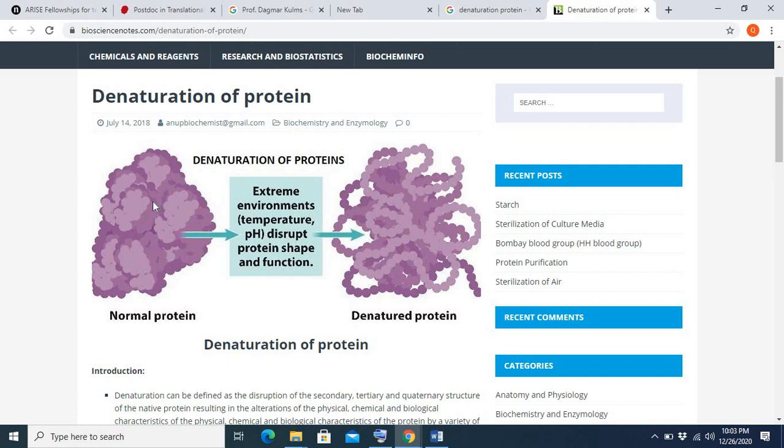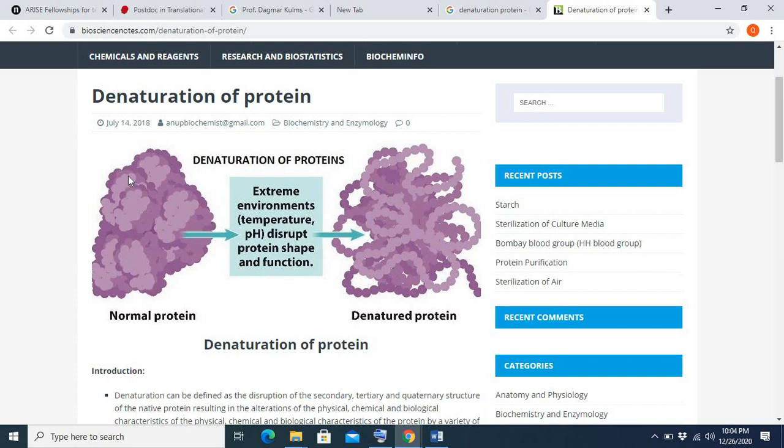This quaternary structure is due to the presence of different forces, that is, electrostatic forces, hydrogen bonding, and van der Waals forces. All these forces link different polypeptide chains and different subunits of protein with each other, so protein exhibits this quaternary structure.